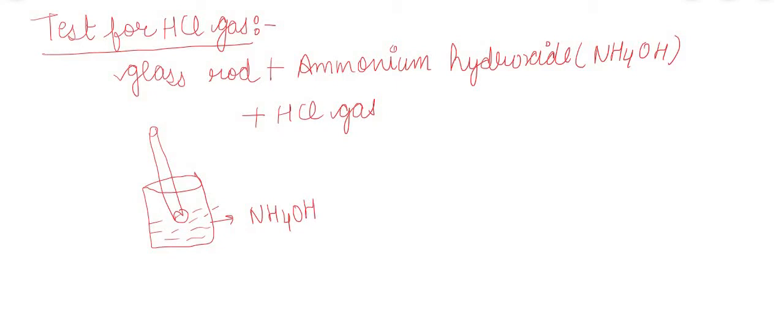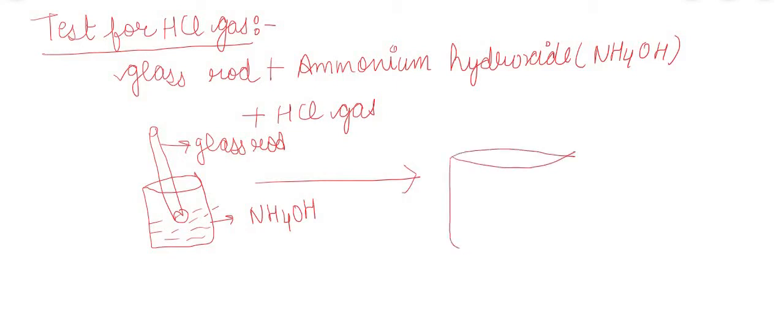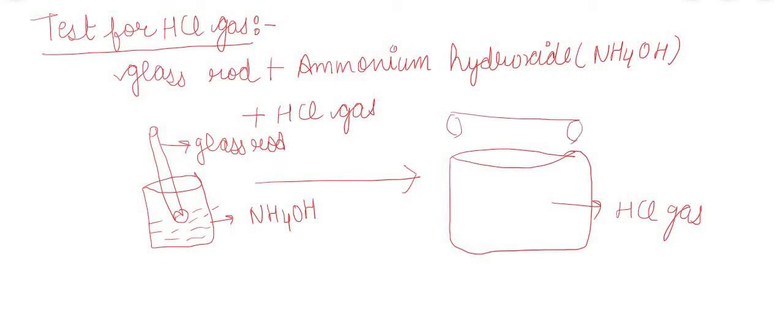After dipping, bring this glass rod to a jar or a beaker which is already containing HCl gas. And as you bring this glass rod dipped in ammonium hydroxide, on the upper portion of the HCl gas there are certain white fumes present.